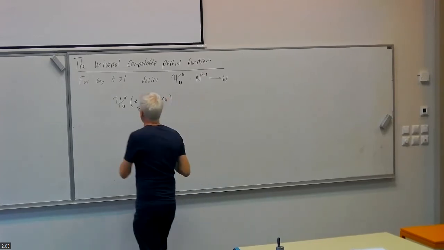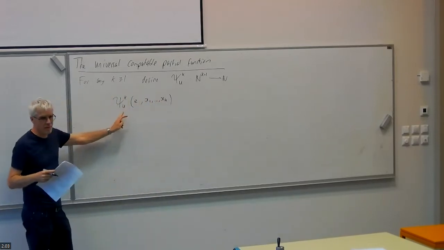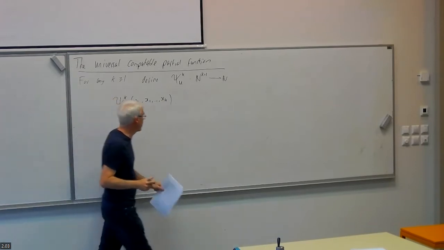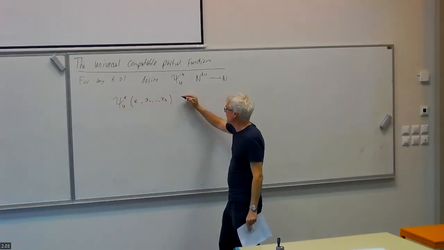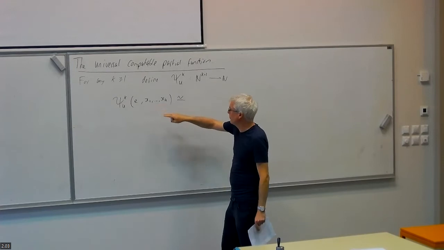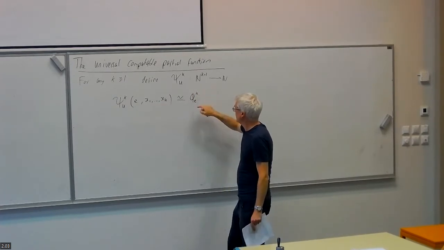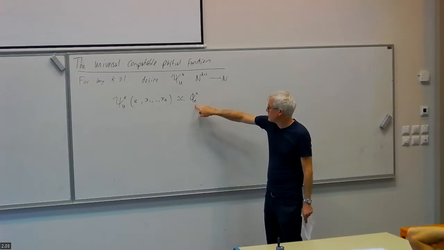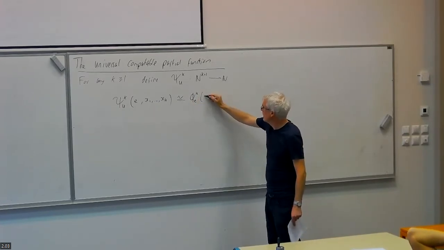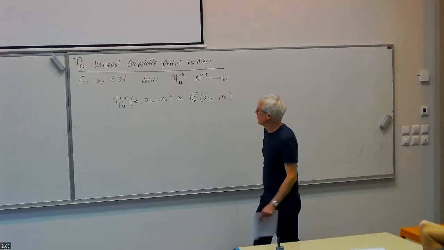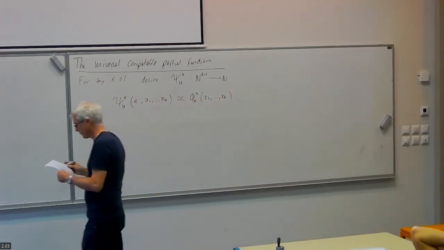So we simply define the universal partial function automatically from the enumeration we have of our computable partial functions of arity k. The universal one applied to e simply evaluates the e-indexed computable partial function of arity k on the arguments x1 through to xk.